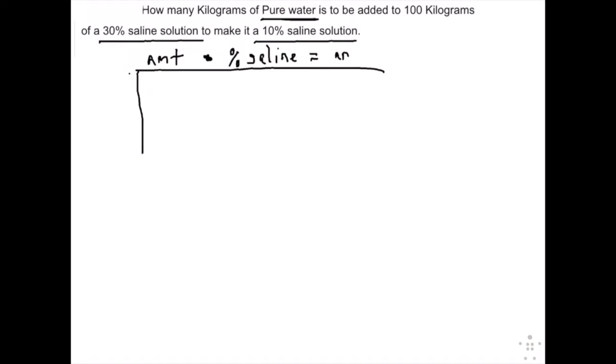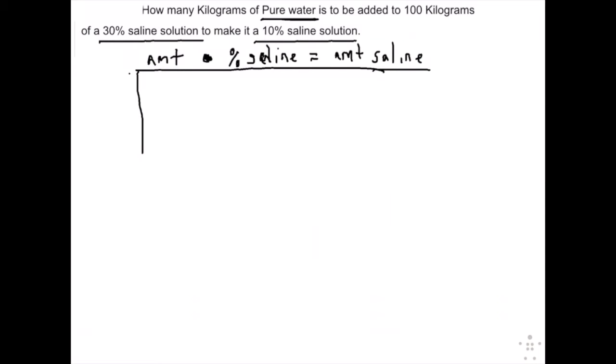Amount of saline, right? So we're going to set our tables up this way. We're going to multiply the amount we have of the liquid by the percent of whatever it is. In this case, it's saline. And that'll tell us the amount of saline.